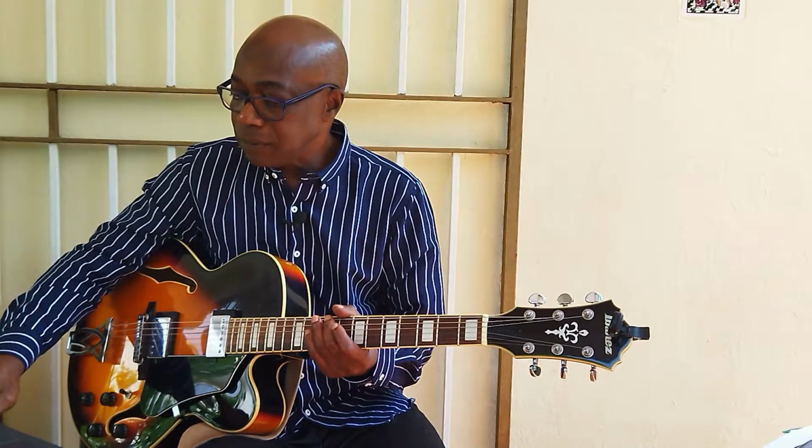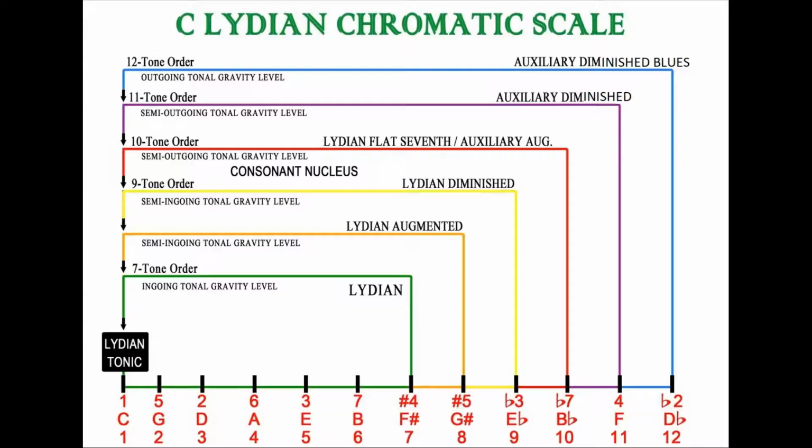So now this is the C Lydian chromatic scale, and we can see that the Lydian Flat Seventh is fourth in descending order. You can see the different tonal orders descending upon the Lydian tonic, which has the ultimate tonal authority. All the other tones have to yield their tonical authorities to the Lydian tonic.